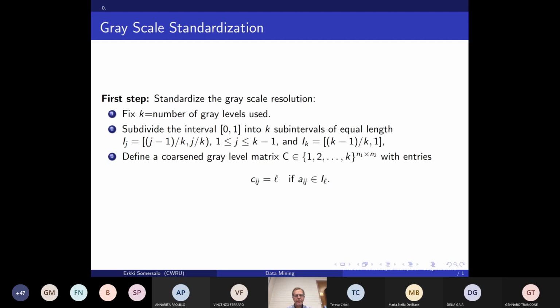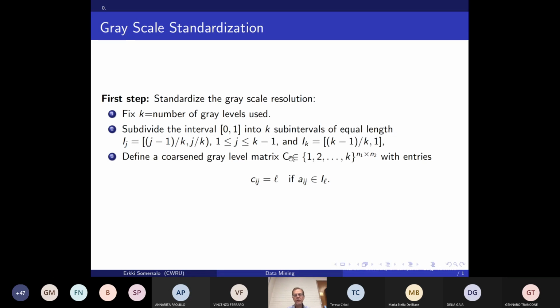I have an n1 by n2 image, and so my new matrix C is an n1 by n2 matrix where the values in that matrix are integers from 1 to k. So this is the first standardization of the image.